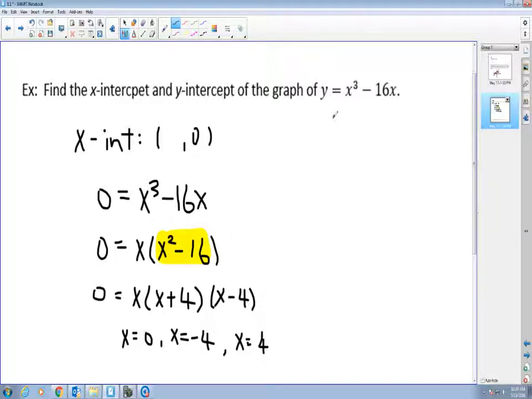That means this graph will cross over the x-axis 3 times. As you can recall, the third power means at most 3 zeros. So my x-intercepts are (0, 0), (negative 4, 0), and (4, 0).